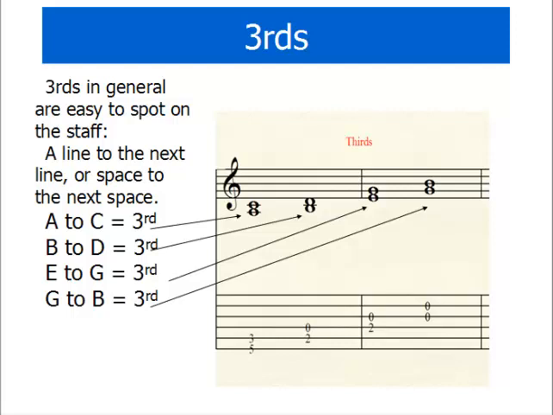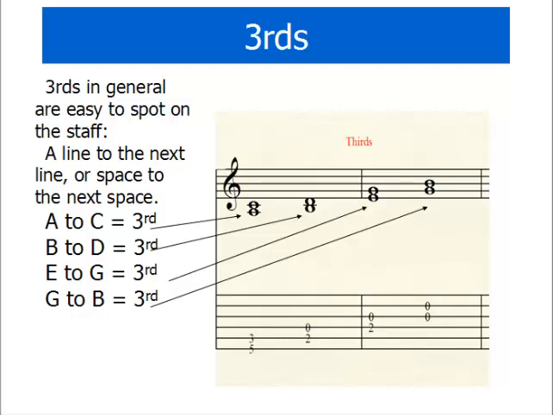The third, I made a little pun there, I didn't realize it. The third has E and G, and now we're going to count from there. The bottom line, 1, space, 2, the next line, 3. So you could just catch this in one slight vision, line to line, space to space.